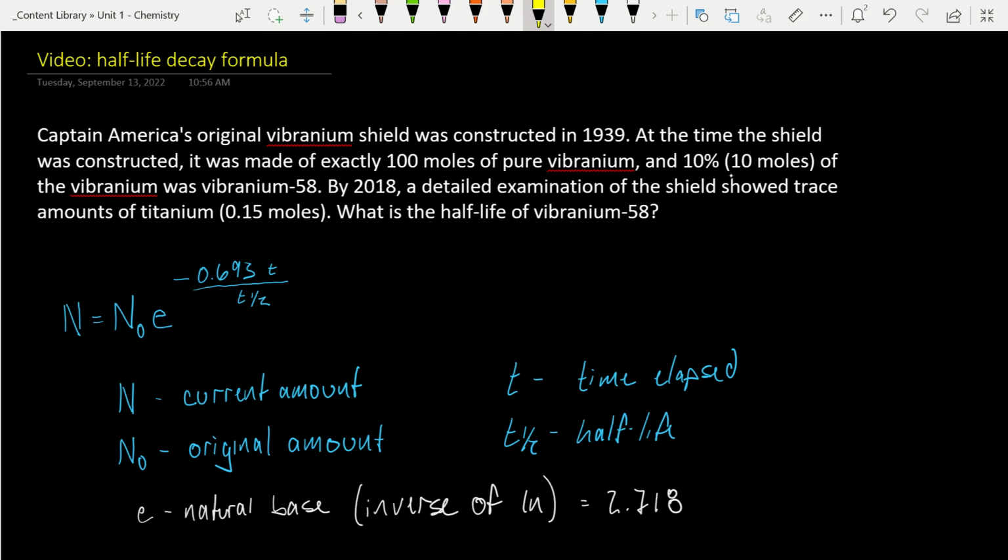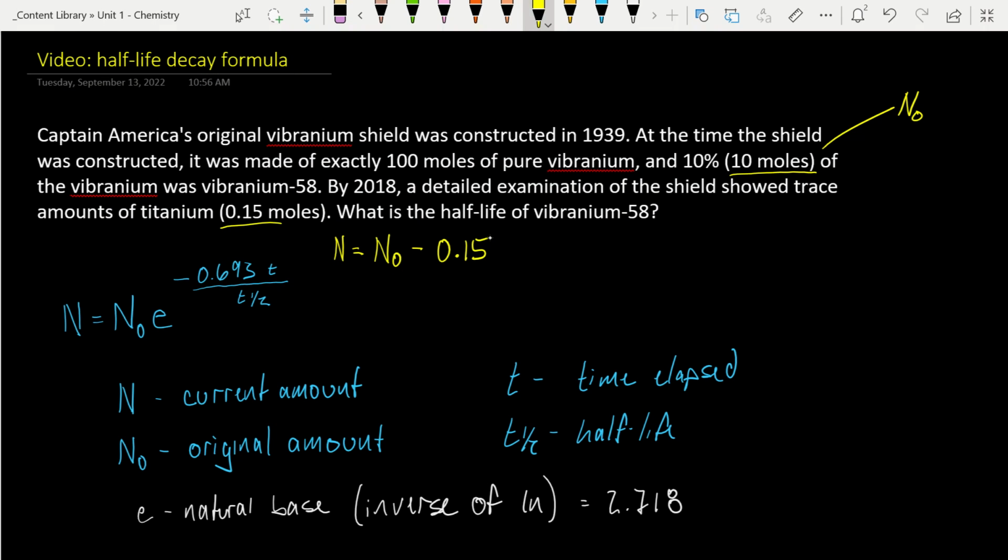We're looking at vibranium-58, and what do we know? We see here 10 moles. That's what we started with. So that right there is going to be my n naught. Some of that has decayed to titanium. It gives me an amount, 0.15 moles. So that means my n is going to be equal to my n naught, my original amount, minus what was lost to titanium, which is 0.15.